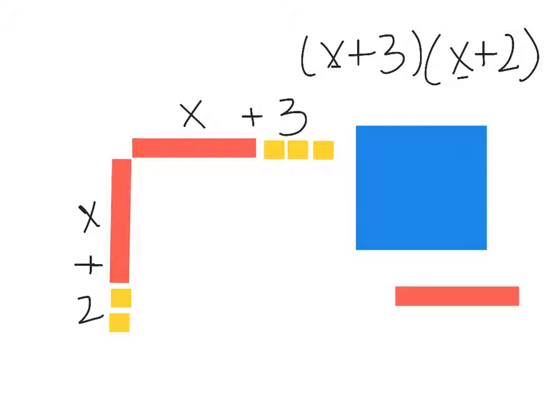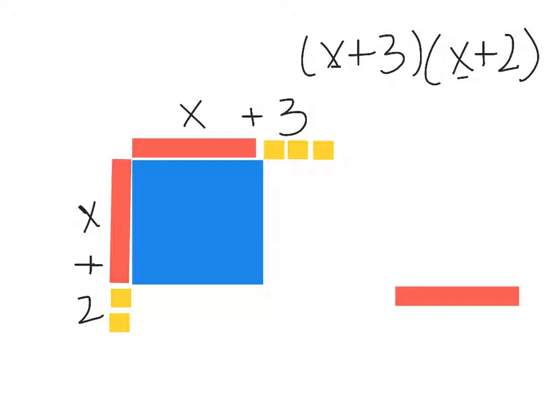So when I do that, I'm going to first start with x times x, which is x squared. And then we're going to multiply x times 3, which will give us 3 x's, and we model those with the red rectangle.